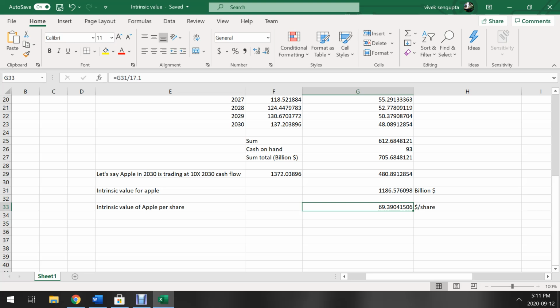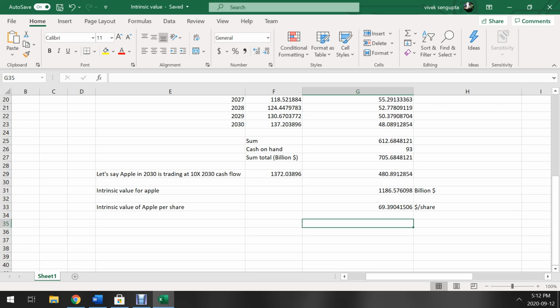If for some reason in the future the share price drops due to a market correction or something, and at the same time the business fundamentals of Apple remain the same, if it drops way below 69, because you need a margin of safety on your calculation too, you can buy the stock at, say, $40 or something.